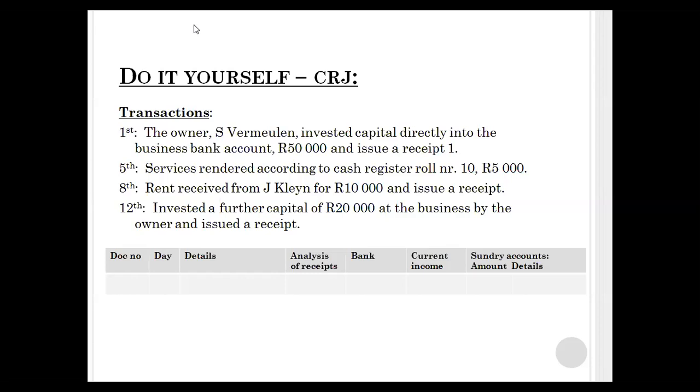With details, we know who the owner is from the first, so you can write S. Vermeulen. 20,000 Rand will go to analysis of receipts because it was paid at the business, so 20,000 in bank and sundry accounts, and you say it is for capital.